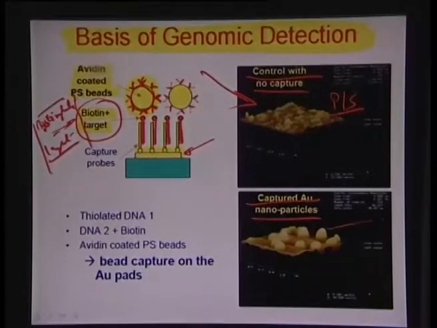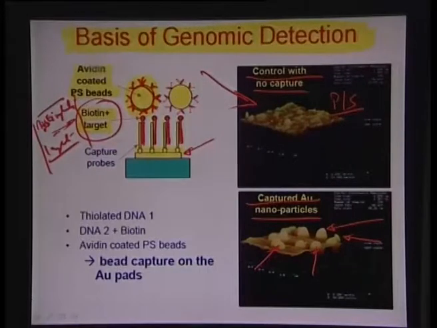You can see here that these polystyrene beads have been immobilized onto the surface by virtue of the avidin coated on the beads binding to the biotin conjugated onto the target DNA, bound to the immobilized capture probe on the surface.